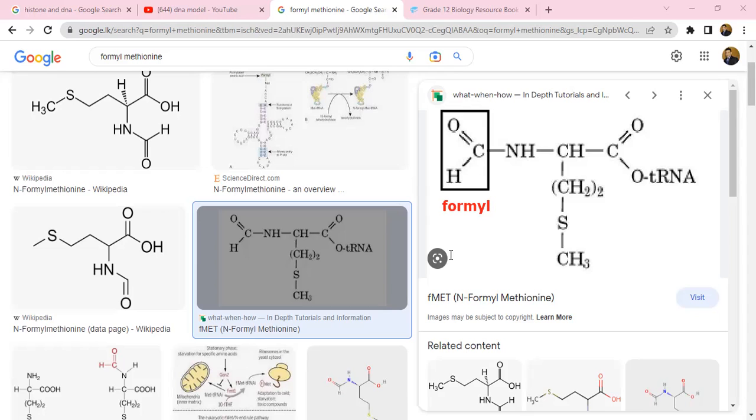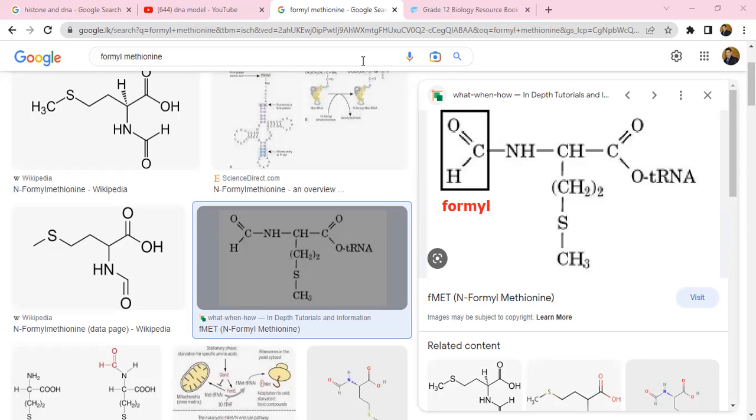You have to understand it, no need to memorize it. I am not asking you to draw this structure in the exam paper. That is not my expectation. But if a student hears the sir explaining formyl methionine, this explanation is going to improve your memory.